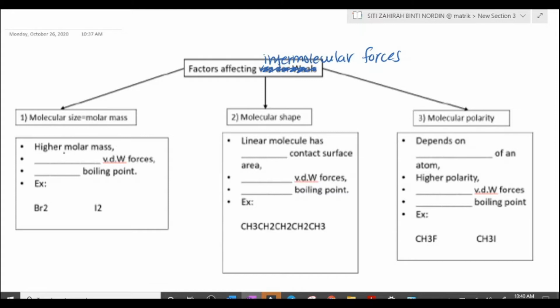So the higher the molar mass, the stronger the van der Waals or hydrogen bond, so the higher the boiling point. For example, for van der Waals forces, let's say we have Br2 and I2 gas.